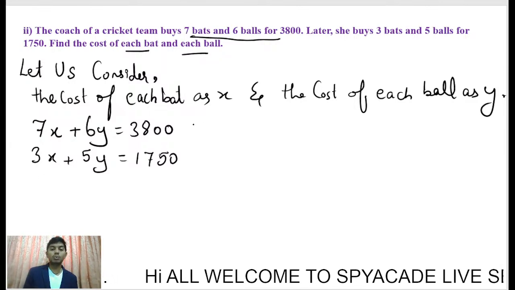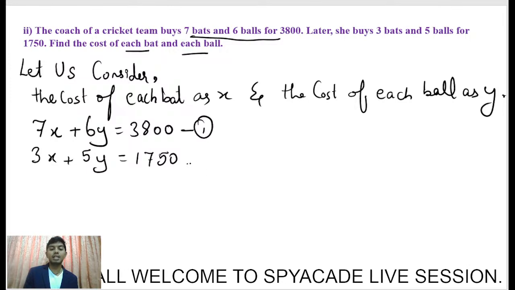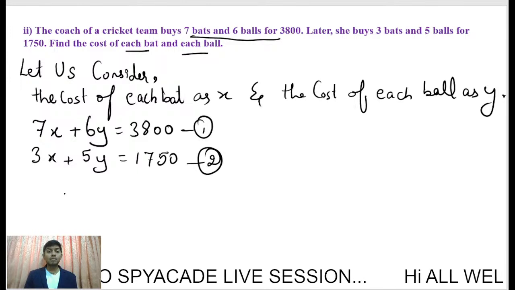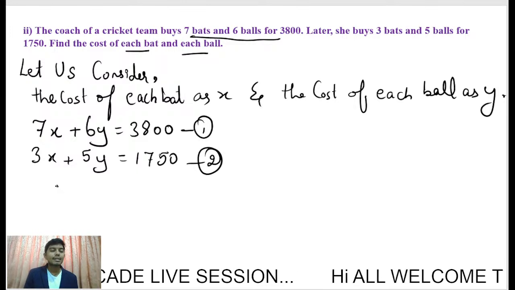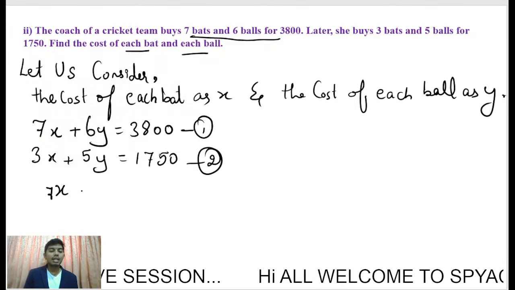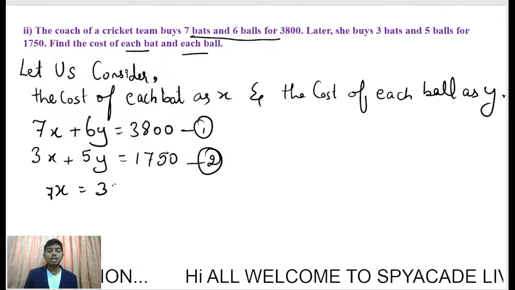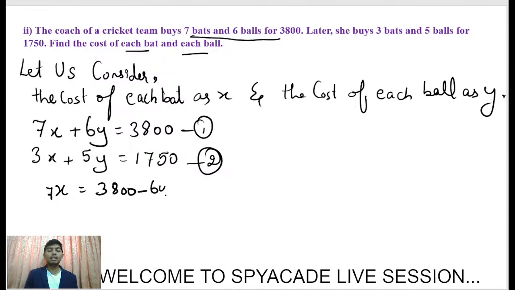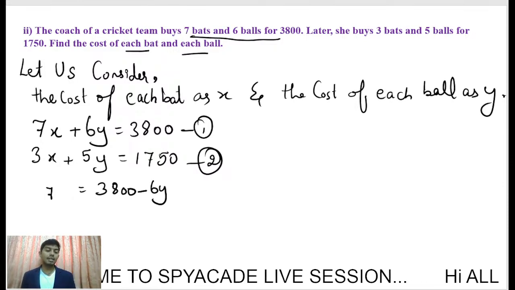Okay, so now we are marking this as the first equation and the second equation. From the first equation we are going to find x. So 7x is equal to 3800 plus 6y. If it goes to the other side, it becomes minus 6y.